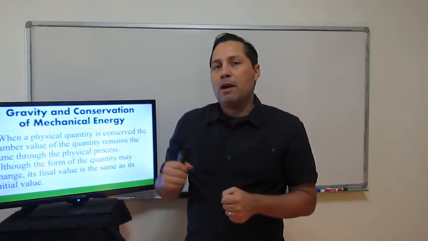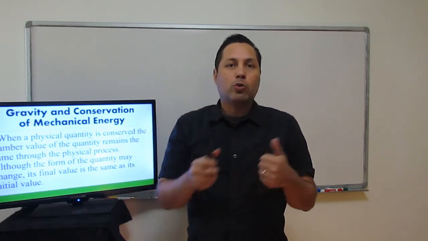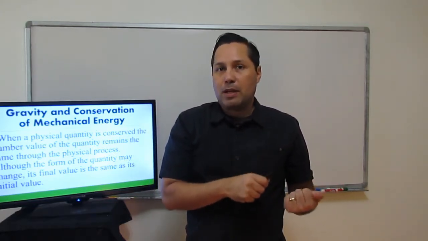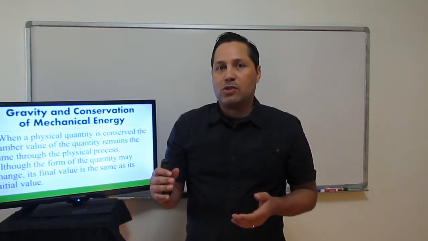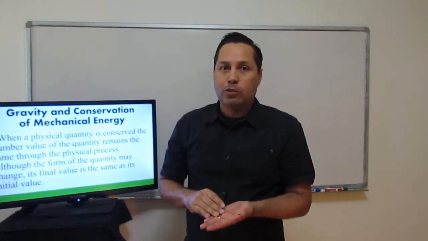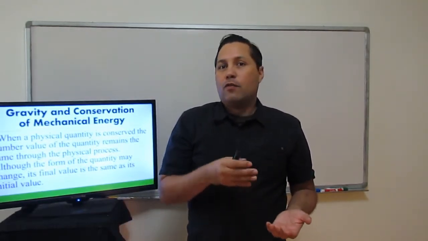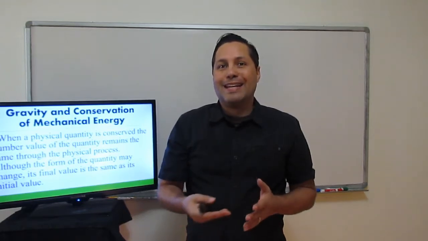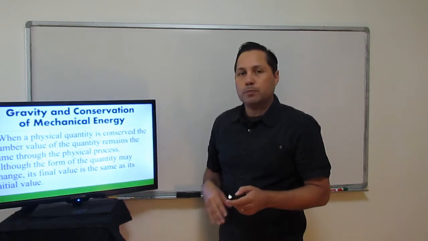Whatever amount of potential energy is lost as it's moving down is gained by speeding up, so it develops kinetic energy. If I lose 5 joules of potential energy due to gravity, I'm going to gain 5 joules worth of kinetic energy. So it's going to be the same, which is what they mean by conserving these energies.